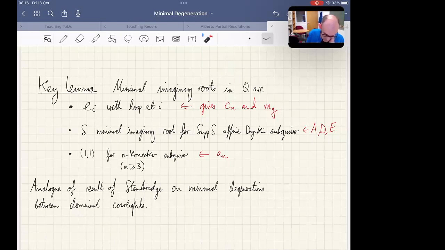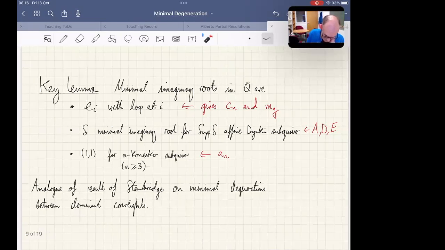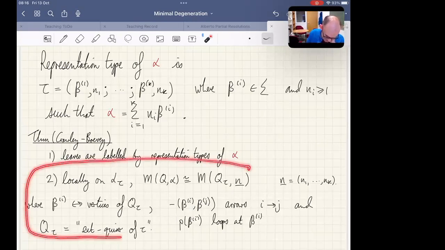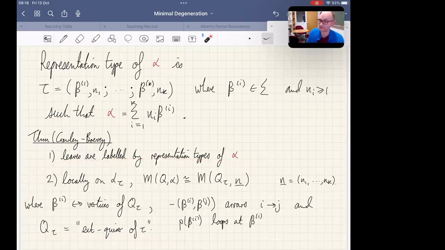So what this gives you is a way to reduce your question of minimal degenerations to just classifying minimal degenerations between your lowest leaf, your closed leaf, and the next larger one. So instead of being somewhere in the middle of your Hasse diagram, you could reduce it to just looking at the very bottom.